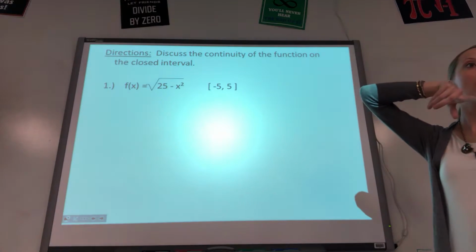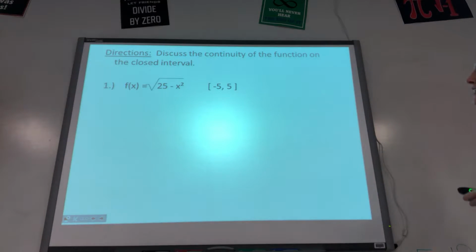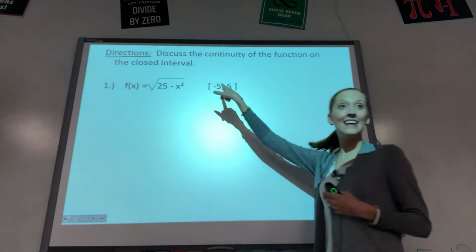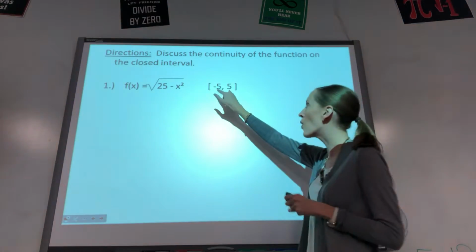And again, our calculator is going to be helpful today. Number 1 says f of x equals the square root of 25 minus x squared. Now, that's important, obviously. That is our function. But this is just as important.